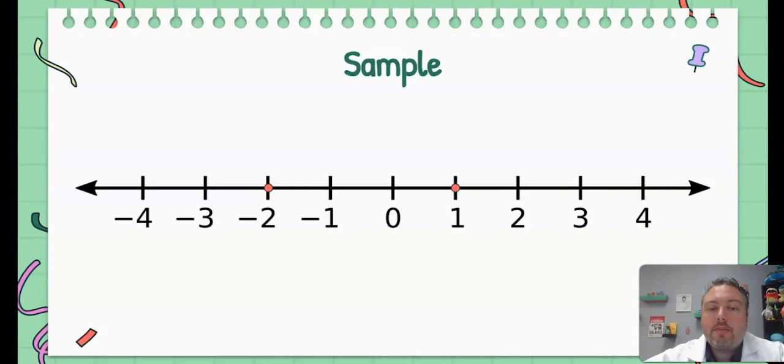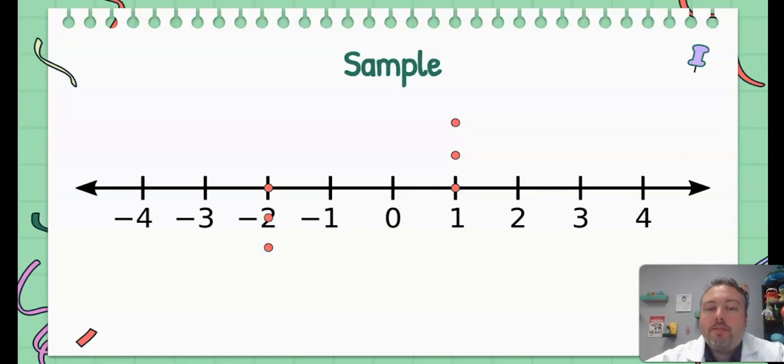Now, here's a sample of a number line. And here we have 2 points, a point at 1 and a point at -2. Now, what happens if we start looking at stacking points, or points that are above and below the line? Well, it could look like this. All of a sudden, I now have 3 points above the line, above 1, and I have 3 points below the line at -2.